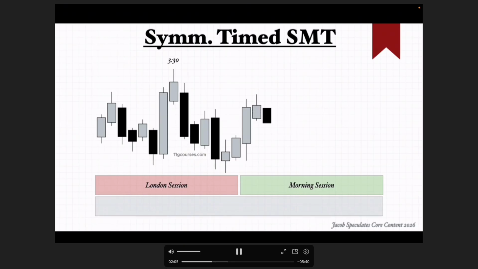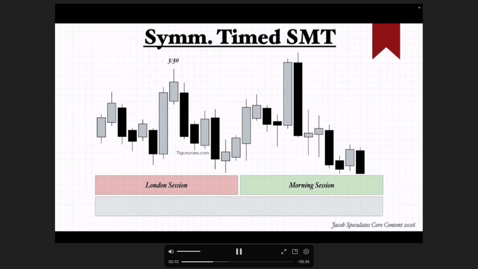Now, if we come into the morning session, and the morning session plays out, and we see there is a sequential SMT between the London session and the morning session with the London session's high, this would be a symmetrically timed sequential SMT, which would be very high probability, right? These are the SMTs that kick off the clean price runs.